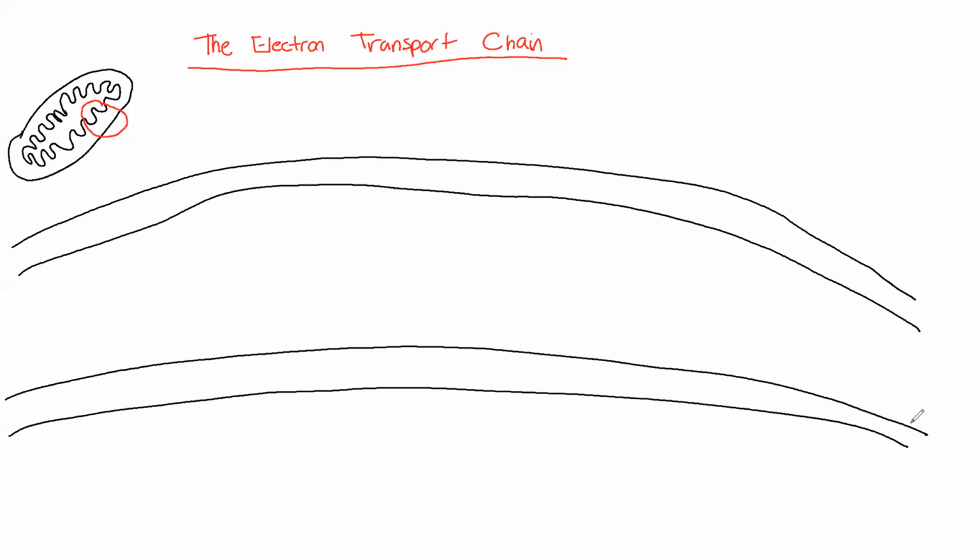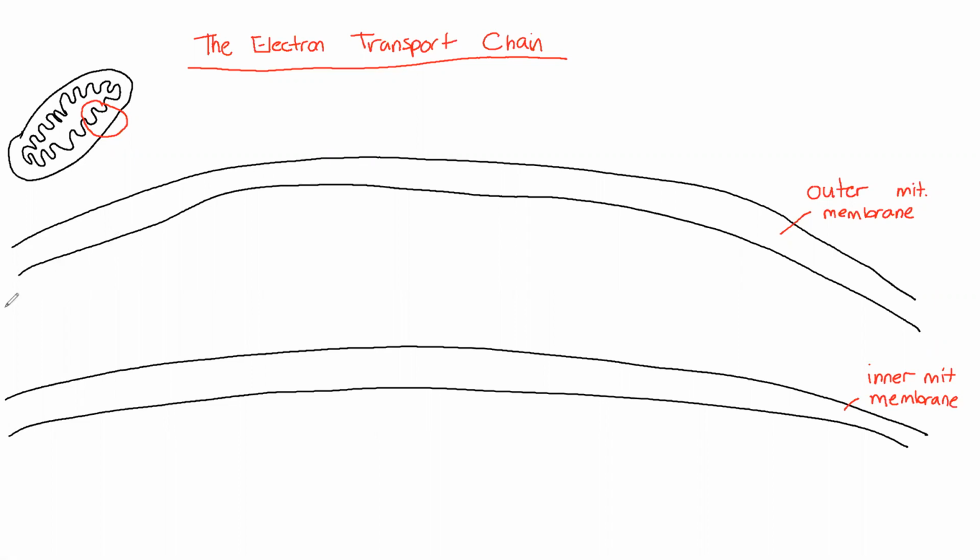So let's label these off first. So this is the outer mitochondrial membrane. And this is the inner mitochondrial membrane.